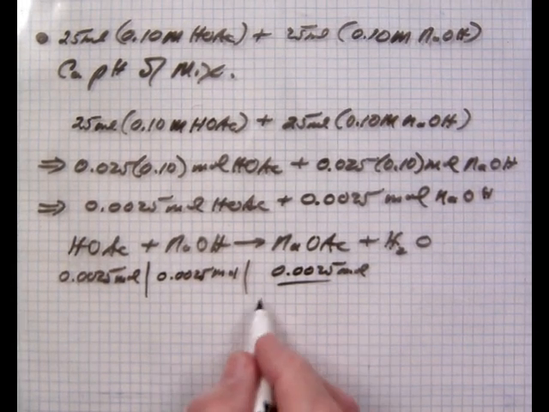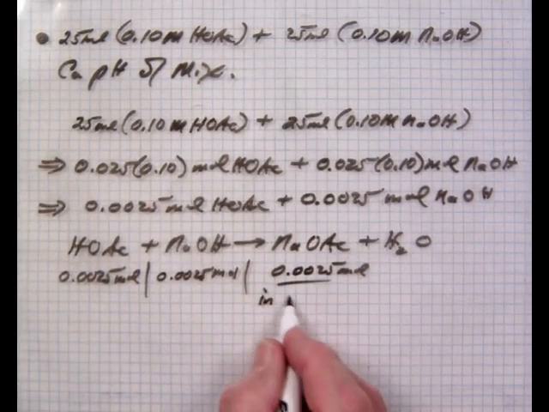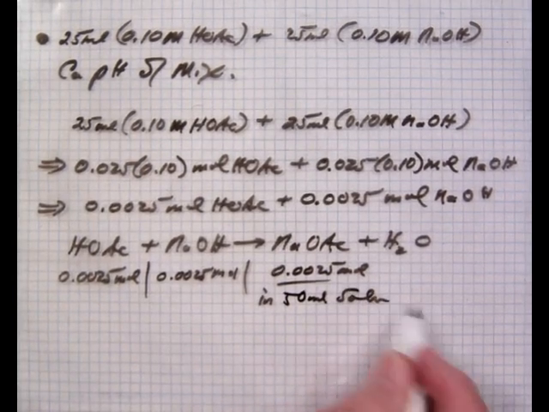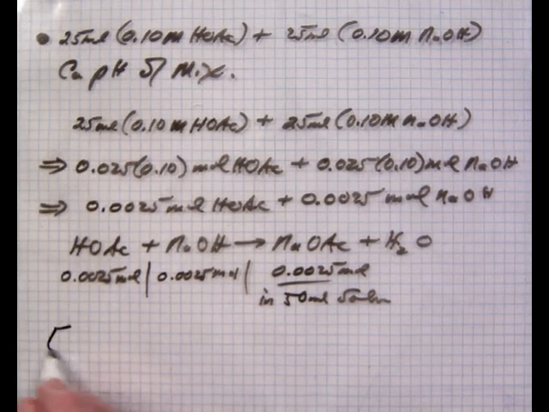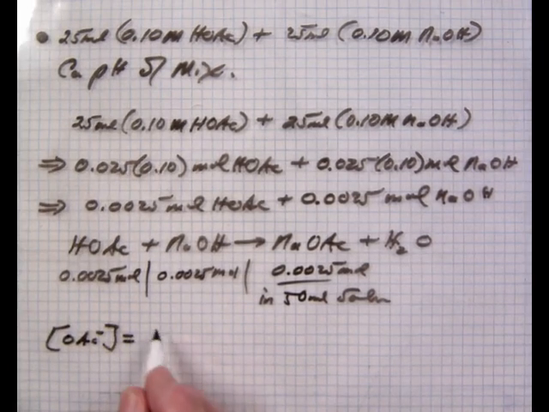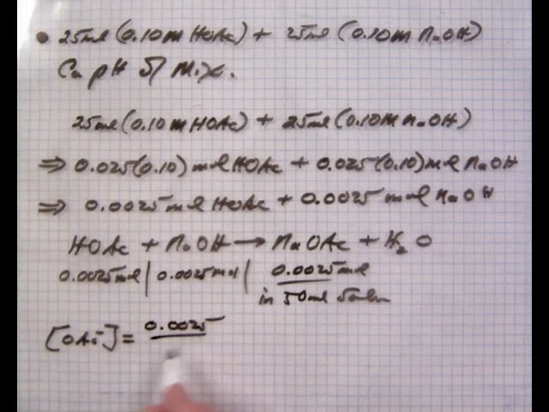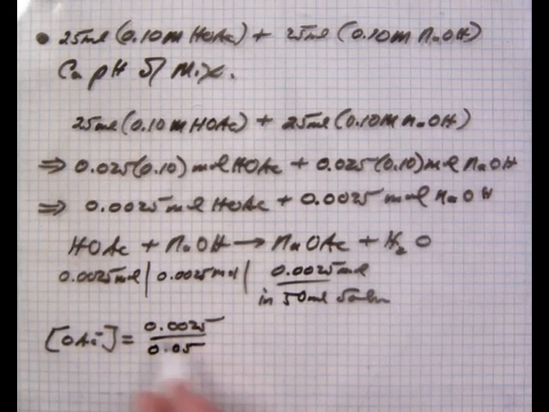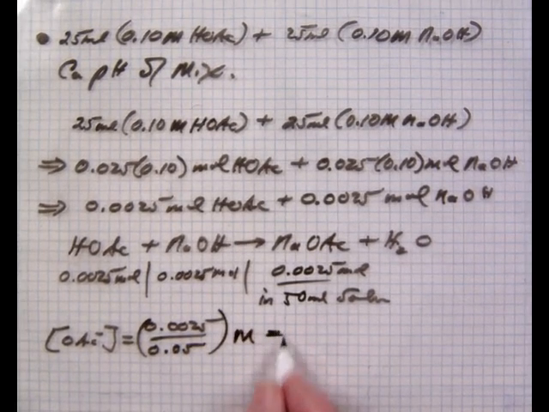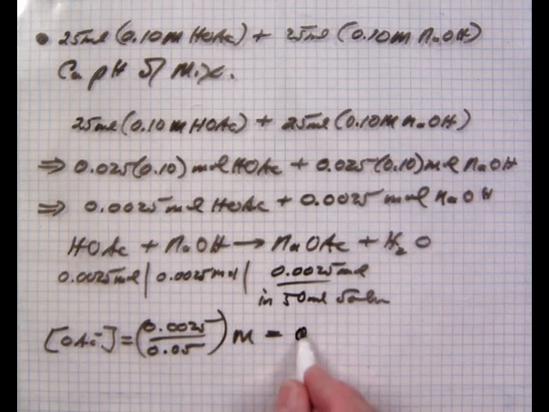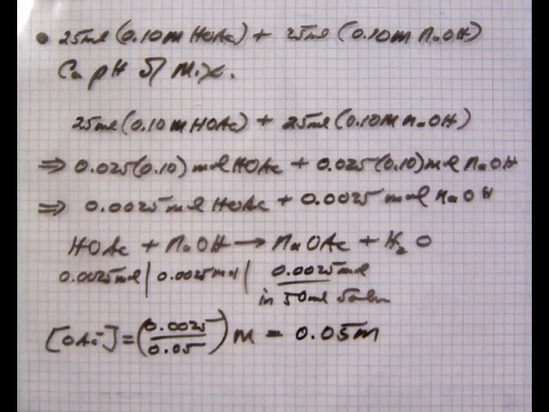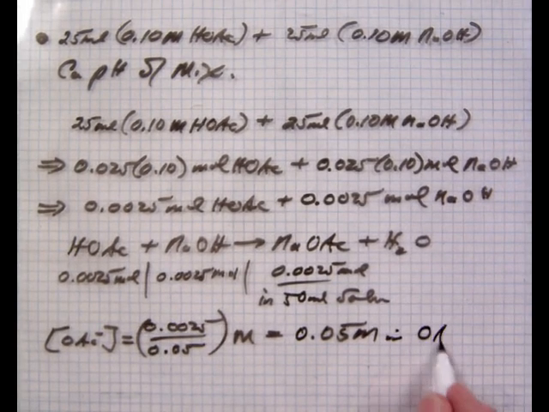Now that will be in 50 mils of water, 50 mils of solution, which you'd have to convert to a molarity. Okay, so OAc concentration is now 0.0025 mole over 0.05 liters, and so that gives you molarity. And so that's a 0.05 molar in OAc.